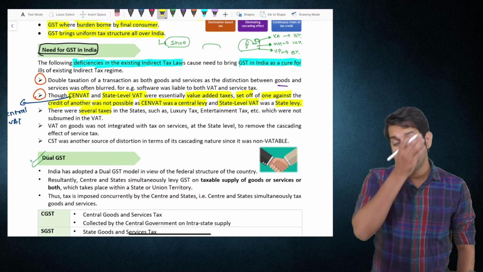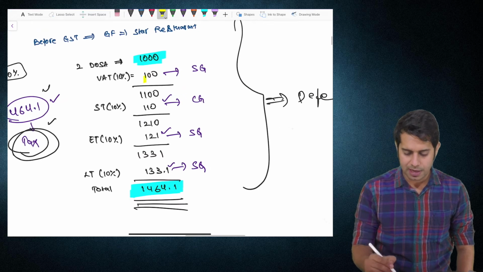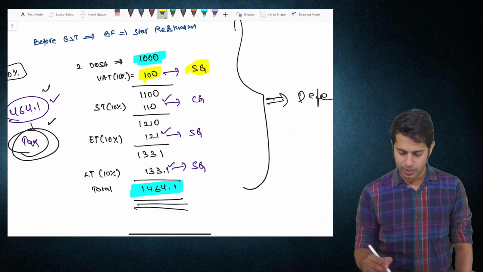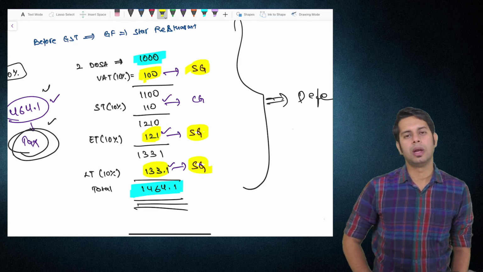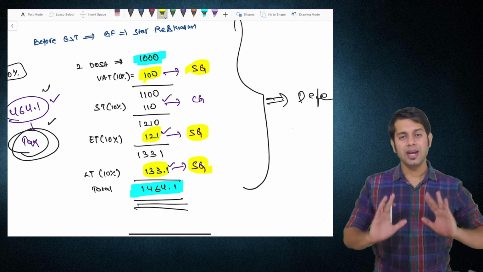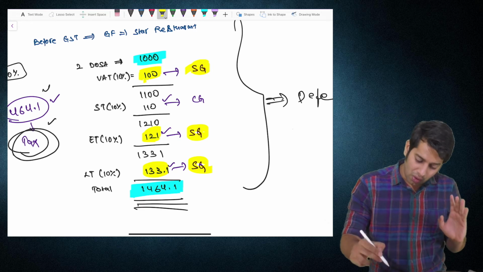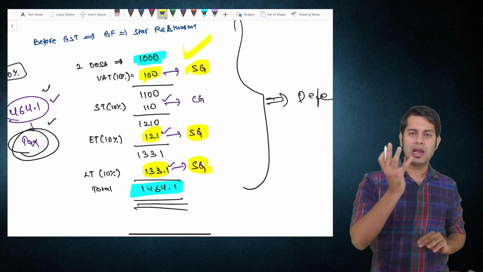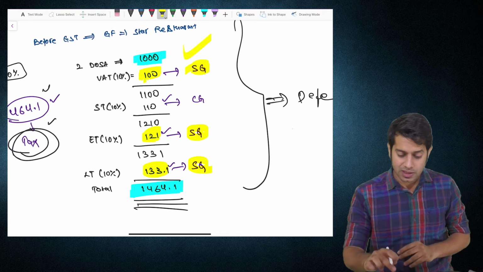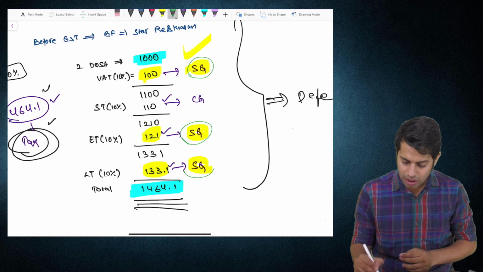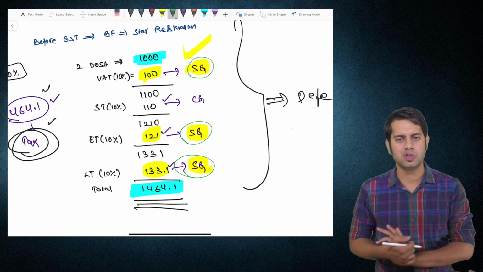You saw this example, no? 100 rupees going to the state government, 121 rupees going to the state government, 133 rupees going to the state government, meaning in the same state, the state government was collecting different types of taxes. Nonsense. The same state government, for the same transaction, is collecting value added tax, entertainment tax, luxury tax, etc. So all these different taxes were not merged by the state government.